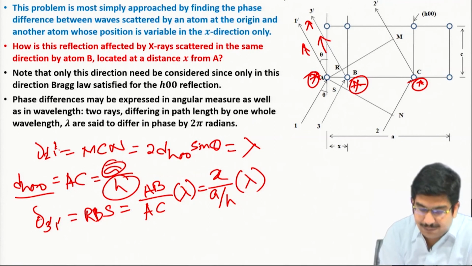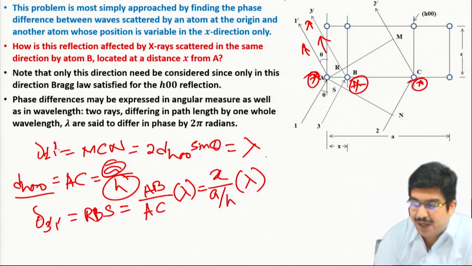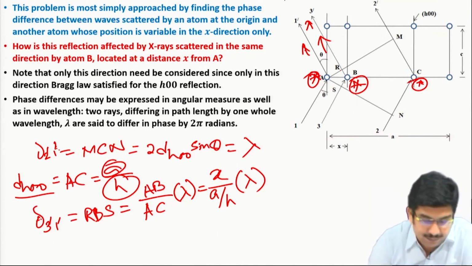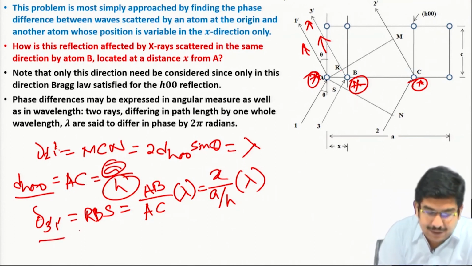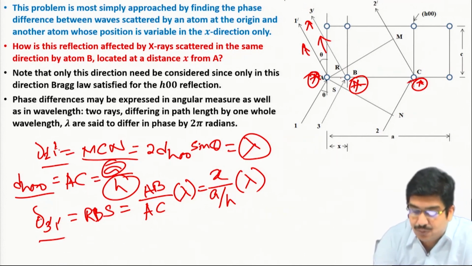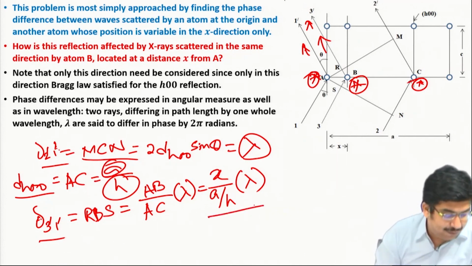This comes out the same way from the same construction. We are considering the path difference, or the phase difference, here. We have found the phase difference in terms of path difference, and in the same way we are finding the phase difference between these two waves.